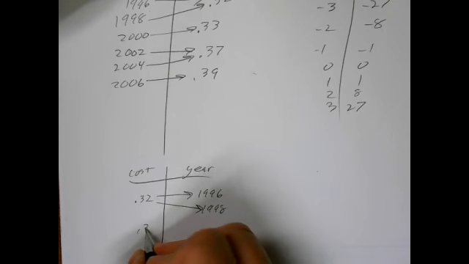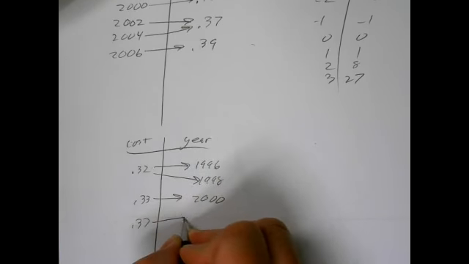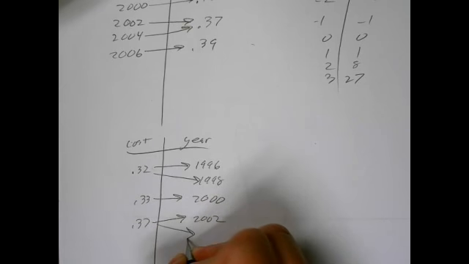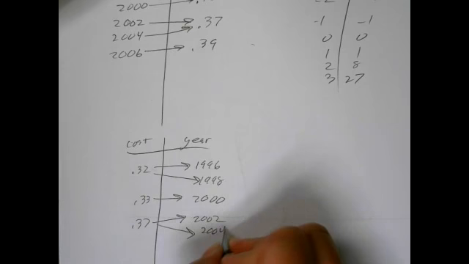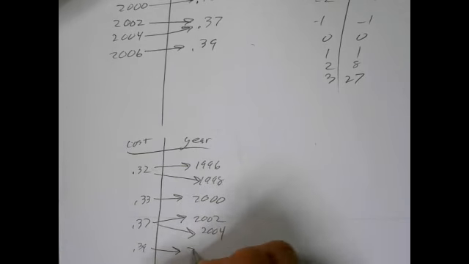The 0.33 goes back to nothing but 2000. The 0.37 maps backwards to 2002 as well as 2004. And the 0.39 maps back to nothing but 2006.